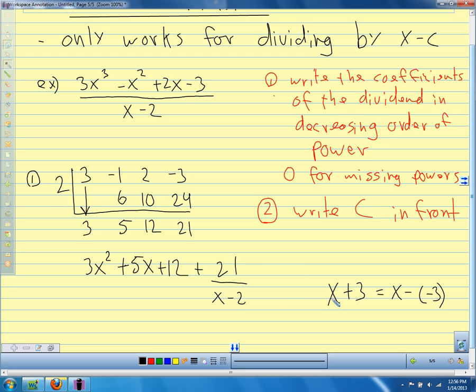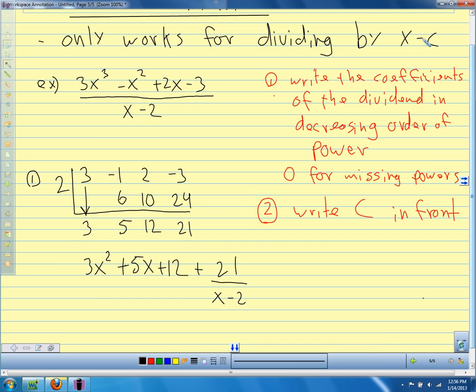So let's see, we have time for one more quick example of synthetic division. If it's divided by something like x squared plus 3x plus 5, then you would have to use long division.